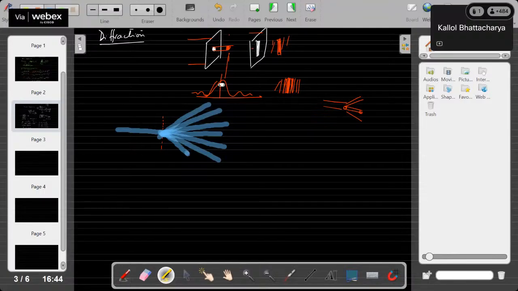Now what happens if you put a screen here? If you put a screen here, you can almost see the shadow of the object. This is my object. In this case, it's a grating.